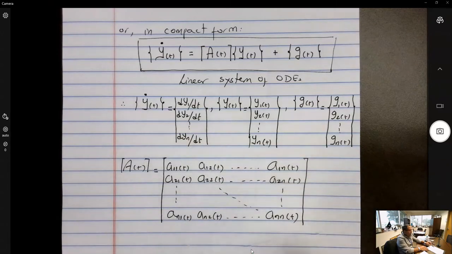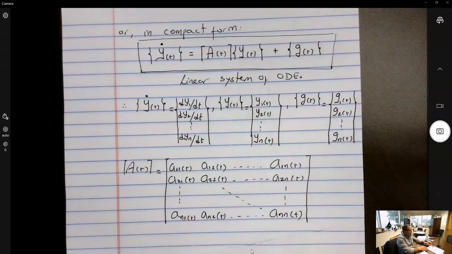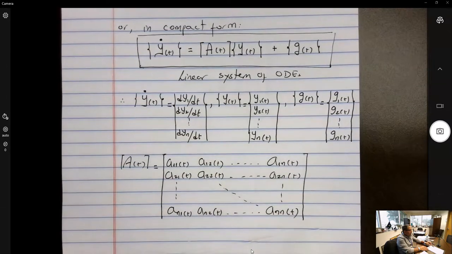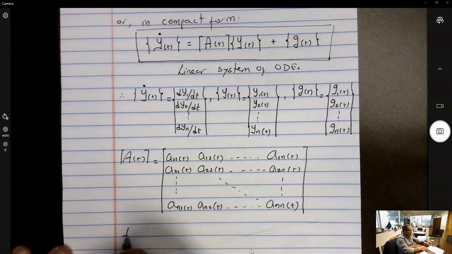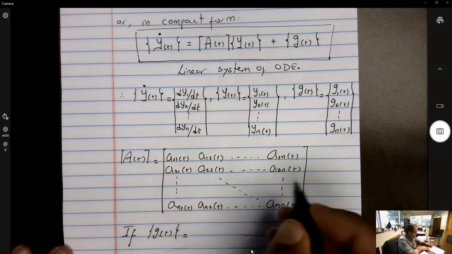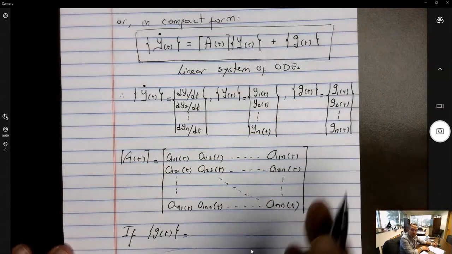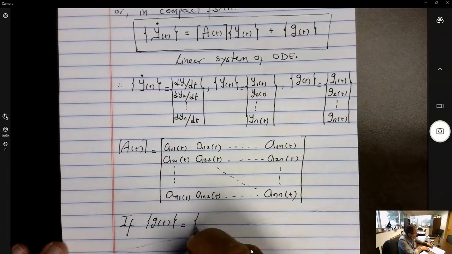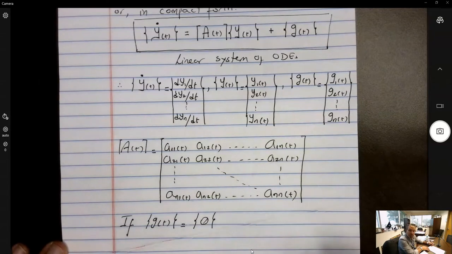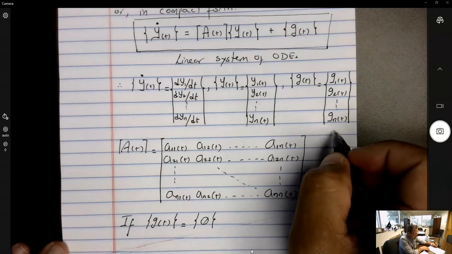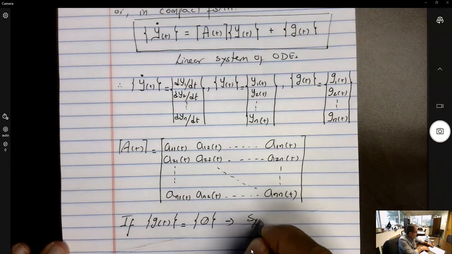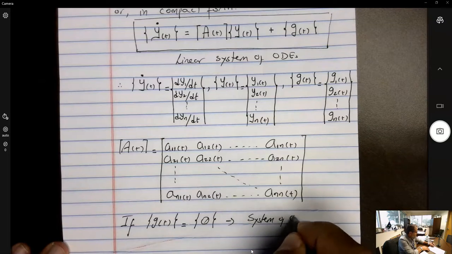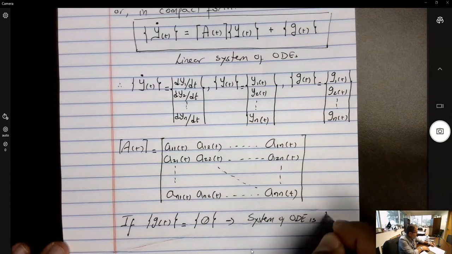But in the general sense, this matrix reflects a fully populated matrix that reflects the fact that this is a coupled set of equations. Now, if g of t, which is the vector of independent terms or the non-homogeneous elements, is equal to 0, so if all these functions are equal to 0, not just one of them, if all the functions are equal to 0, then the system of ODEs is homogeneous.